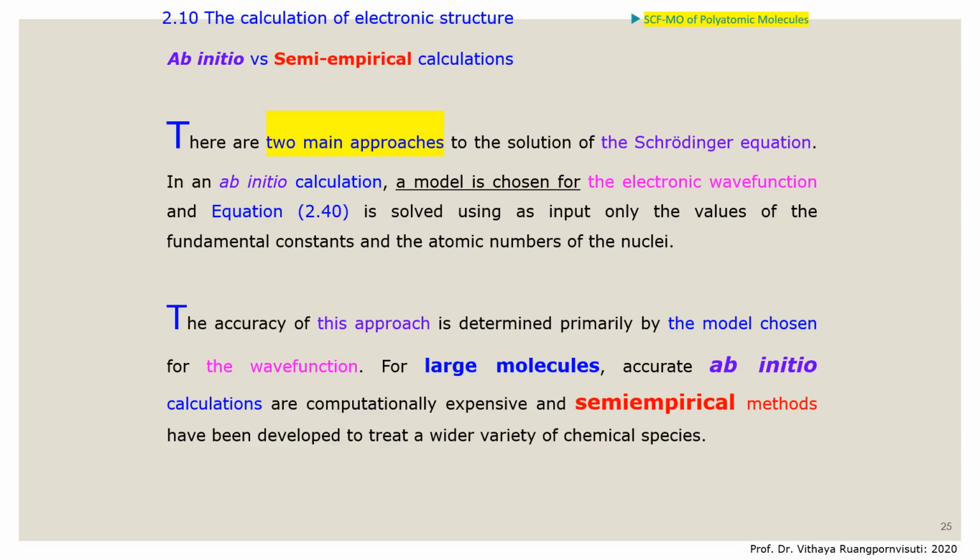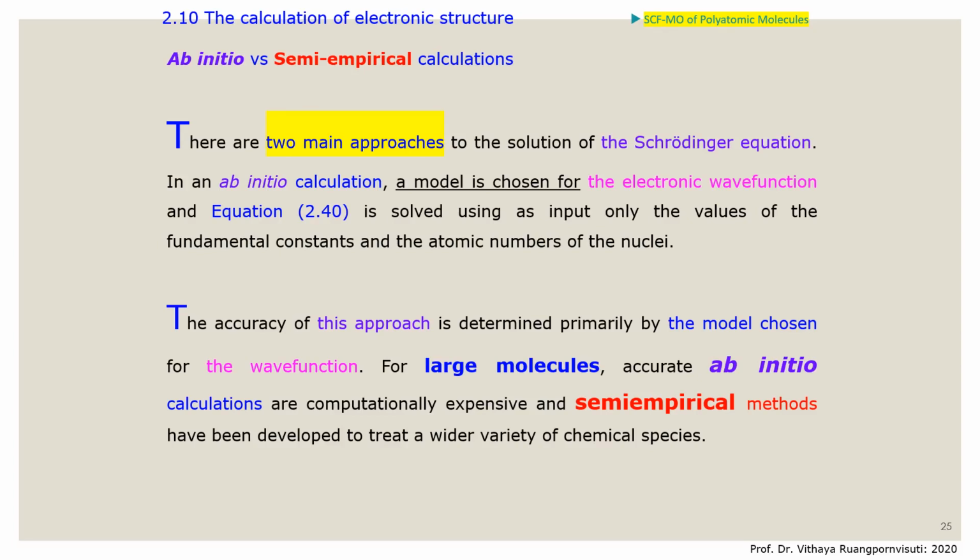Ab initio versus semi-empirical calculations. There are two main approaches to the solution of the Schrödinger equation.